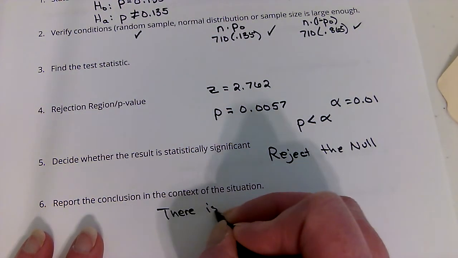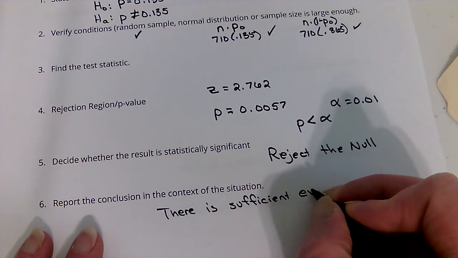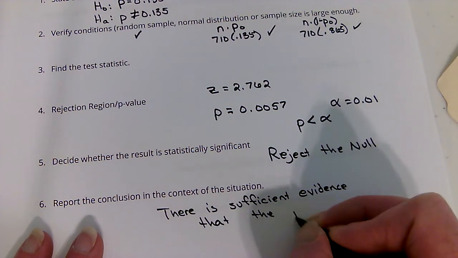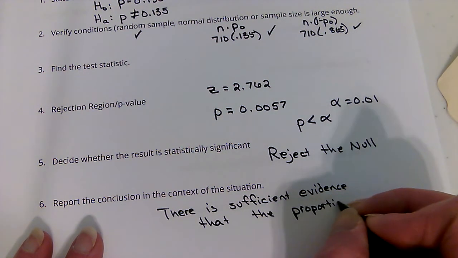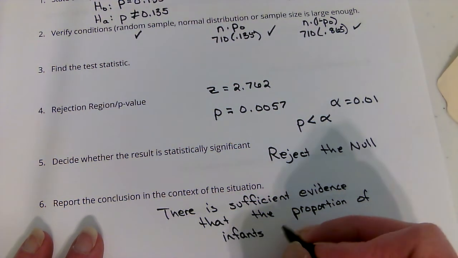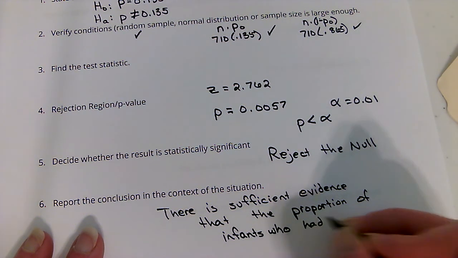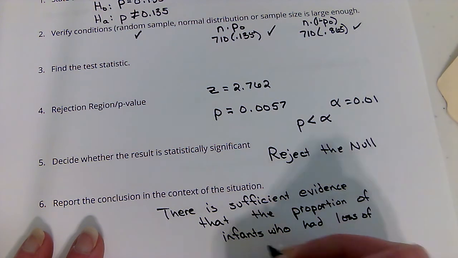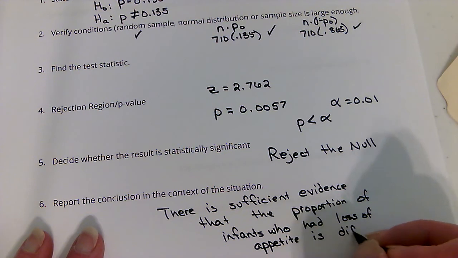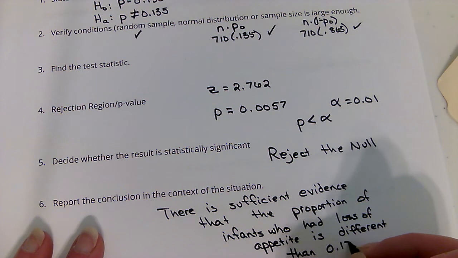There is sufficient evidence that the proportion of infants who had loss of appetite is different than 0.135.